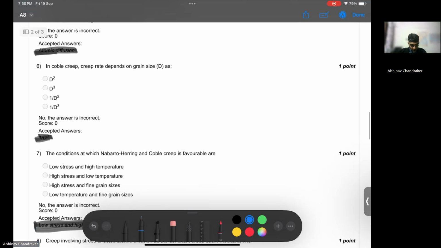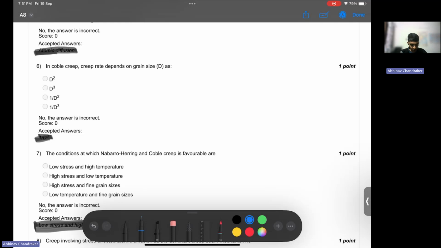Question 6. In Coble creep, the creep rate depends on the grain size as we have seen. It's grain boundary based creep and the dependence is somewhat related to the fraction of grain boundaries in your material, and that was more sensitive to the grain size compared to NH creep, where you have the processes taking place within the interior of the grain.